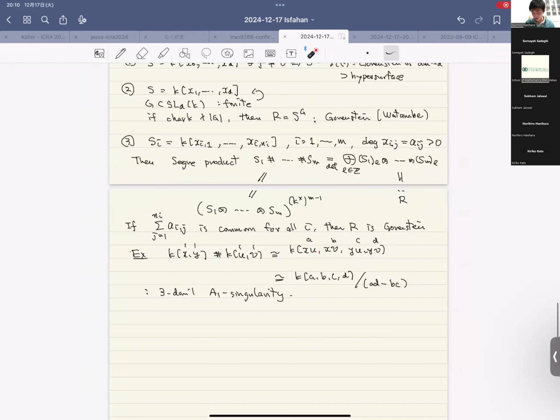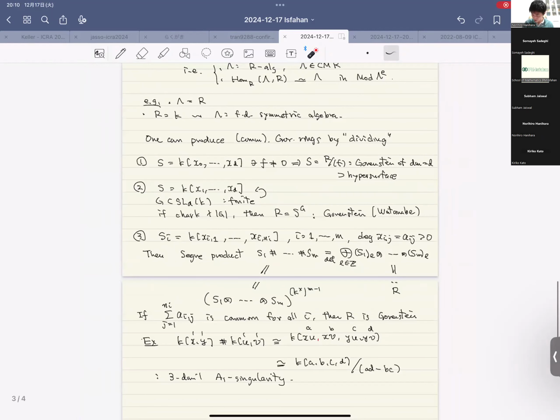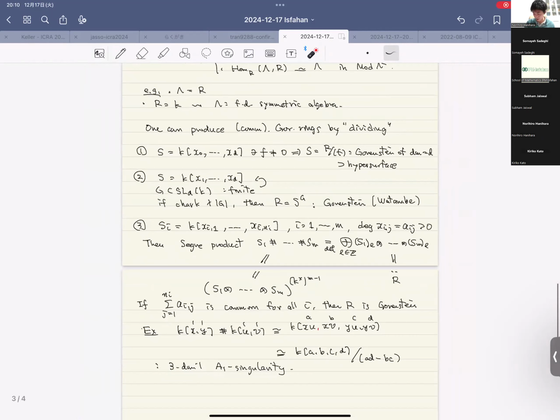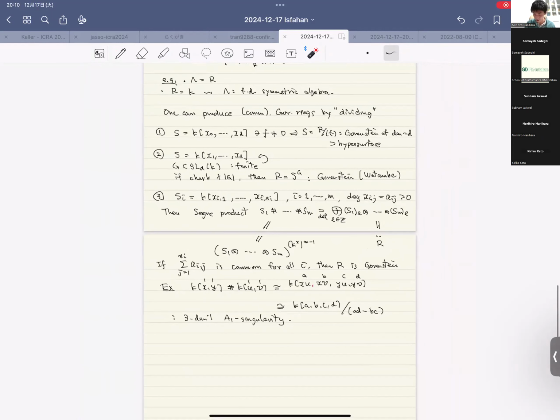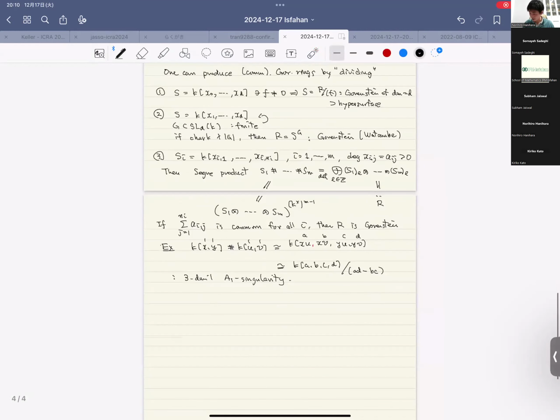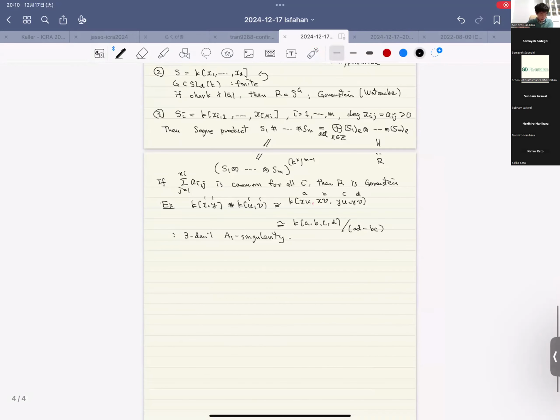Anyway, these are examples, and there are plenty of commutative Gorenstein rings which can be obtained in this way. Okay, so I wanted to talk about DG enhancement of singularity categories.